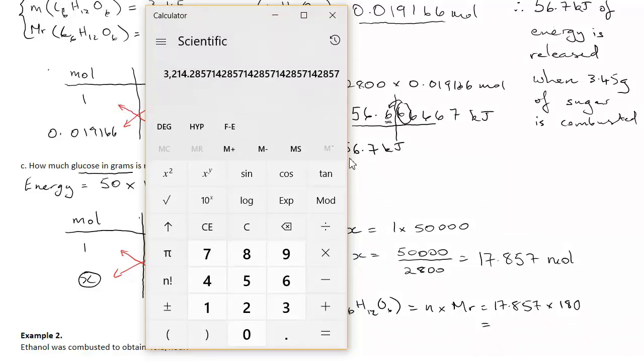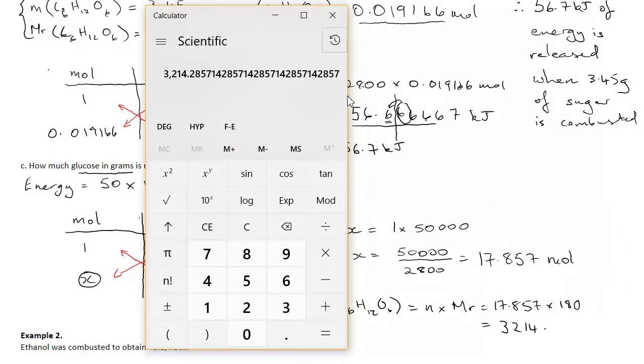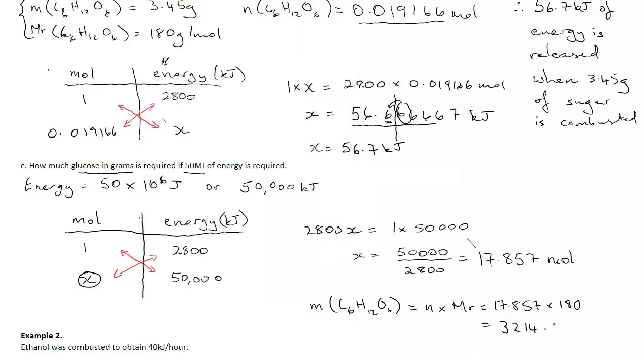So 3,214.2857, and that's in grams. My mistake. So that's the value in grams of glucose.